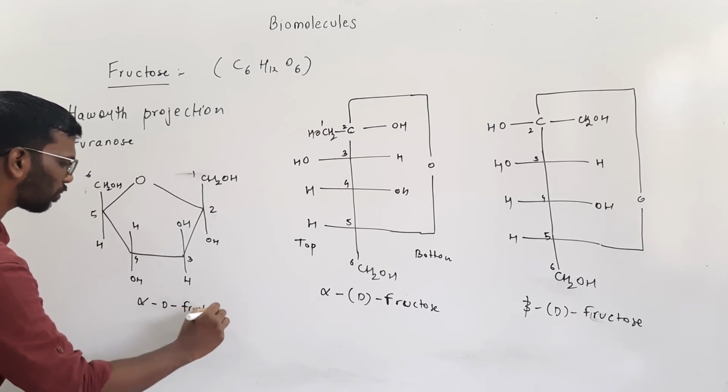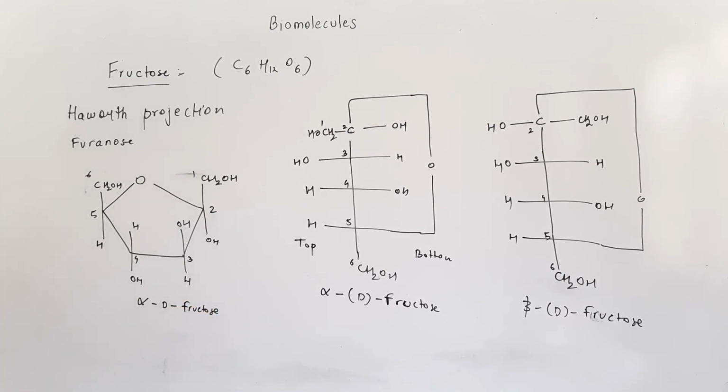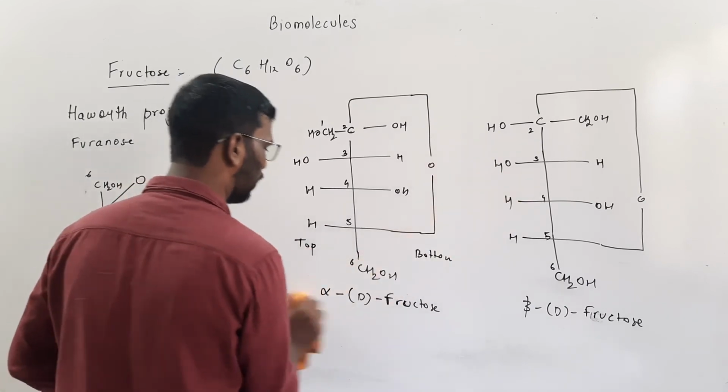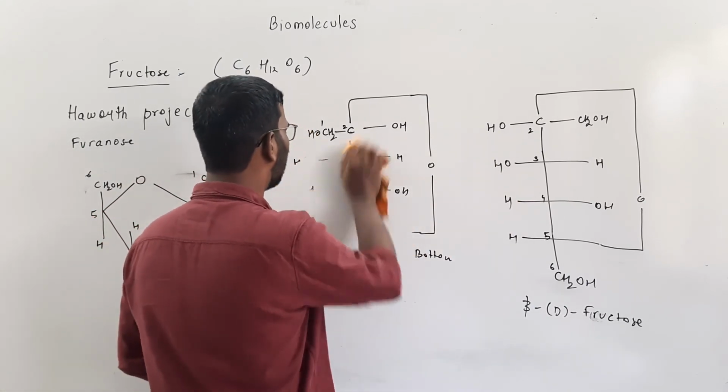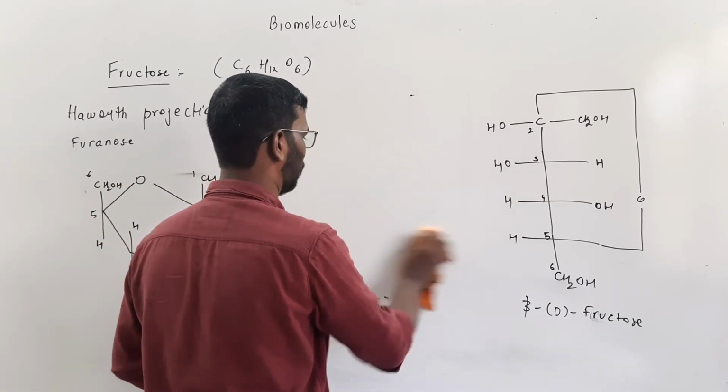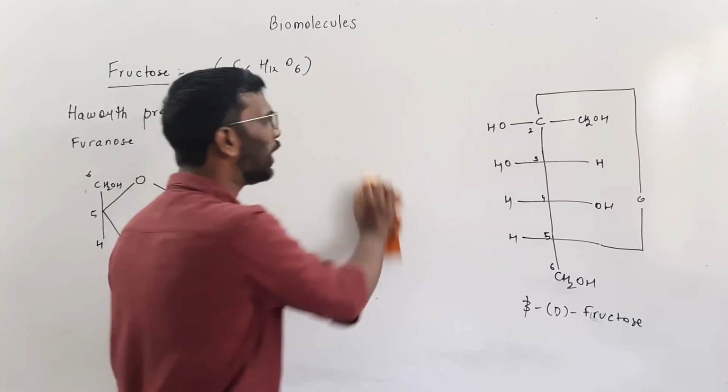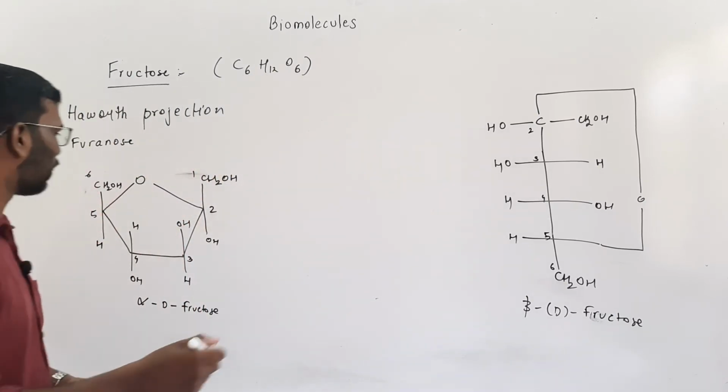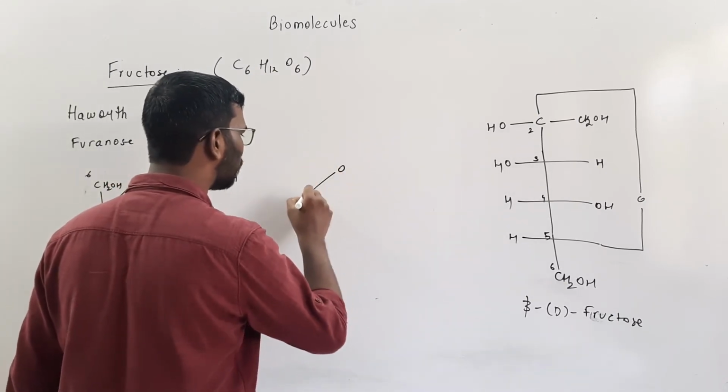Now what about beta? Okay, beta structure for this. I will just clean this alpha structure. Beta means change in configuration only at one carbon.